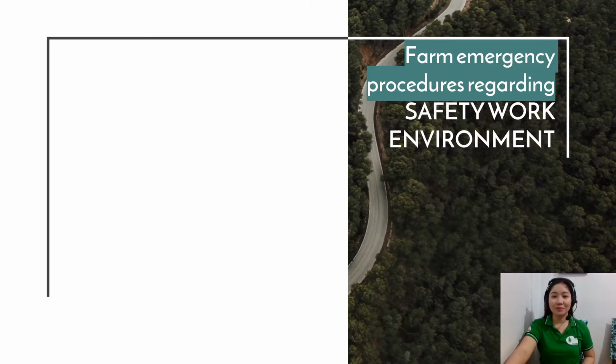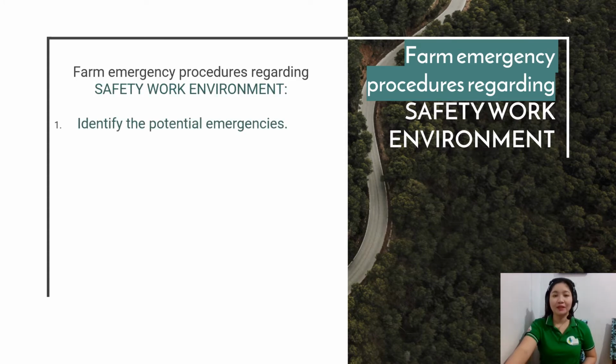Last, let's enumerate the farm emergency procedures regarding safety work and environment. First, we have to identify the potential emergencies. The emergencies that may occur on a crop production farm could include fire, flood, typhoon, machinery entrapment, electrical shock, snake or spider bite, chemical exposure, injuries, illness, and accidents.